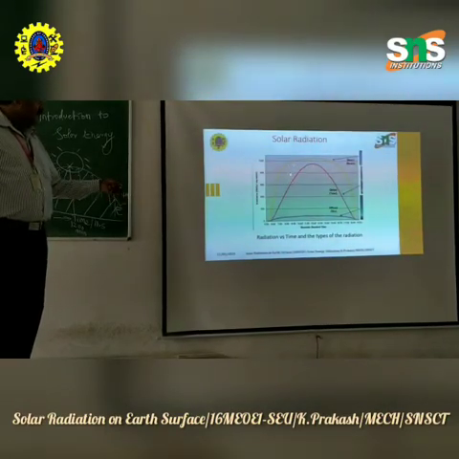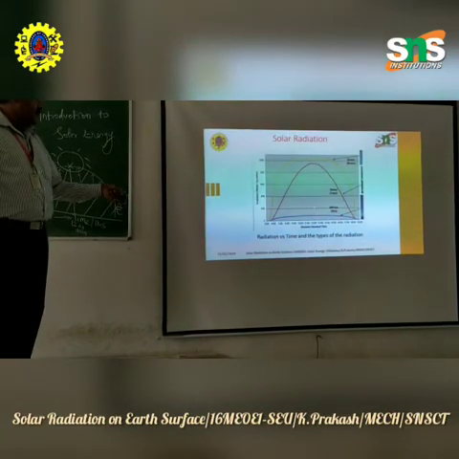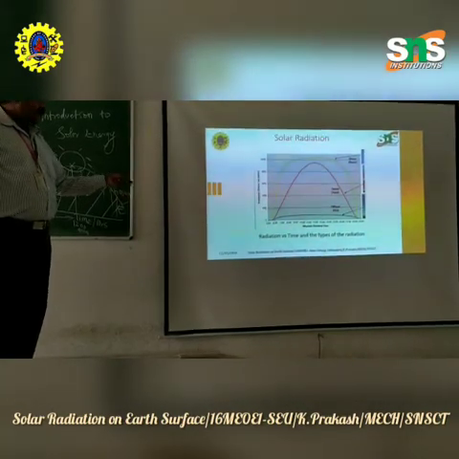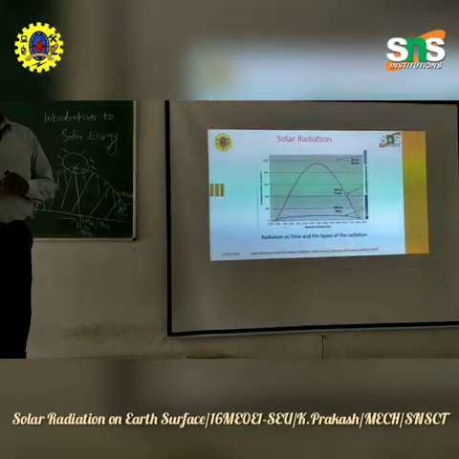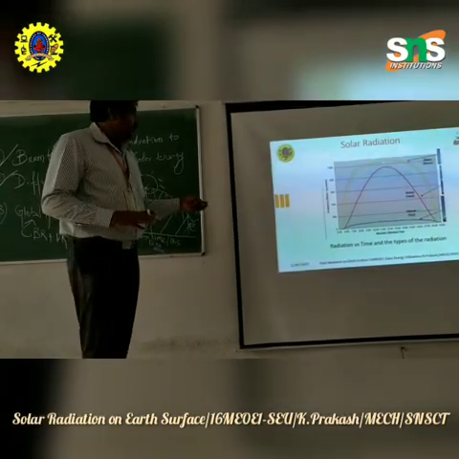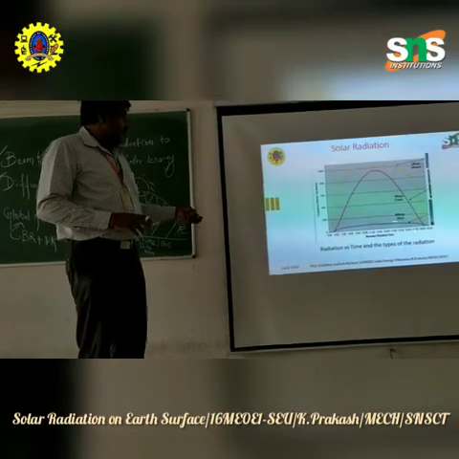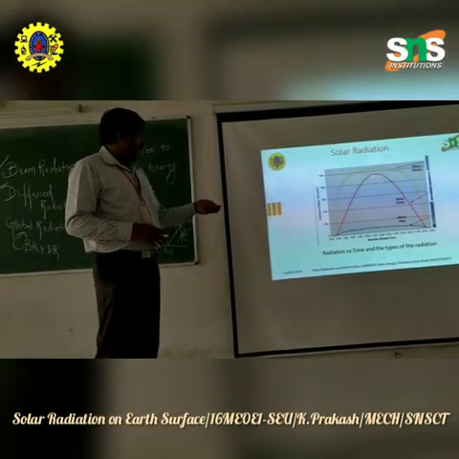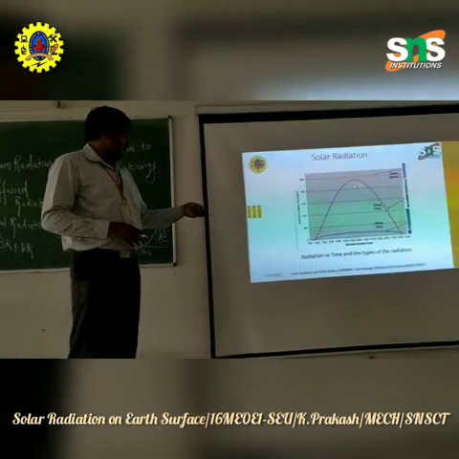When we take the average of the direct and the diffuse radiation, we get this global radiation. So what we come to know is the direct radiation falling on the earth surface is maximum and the scattered radiation is very much lesser, and we take the average and obtain the radiations.